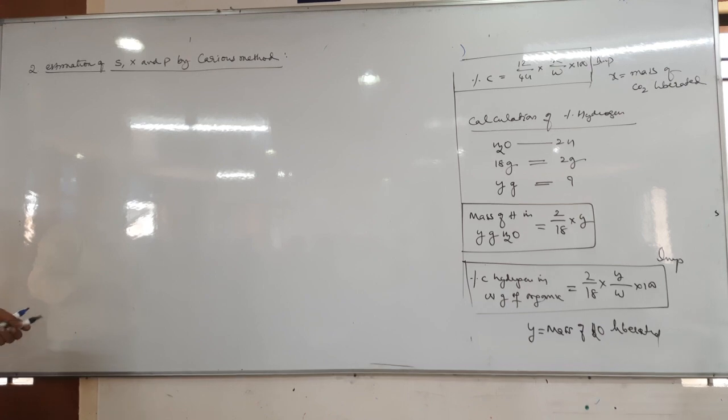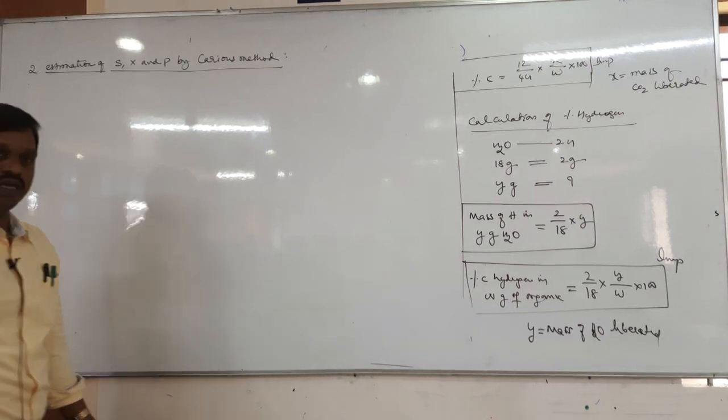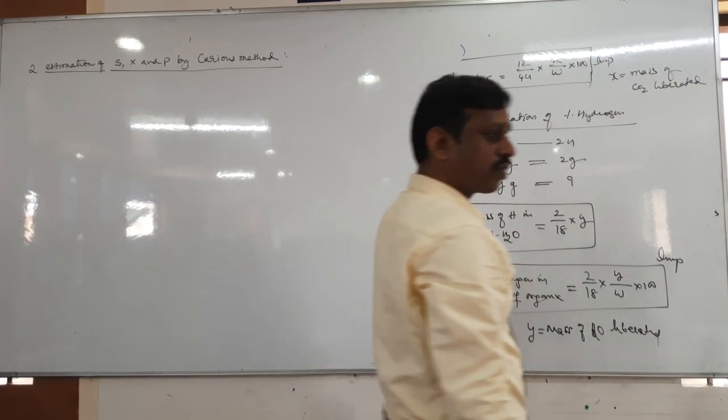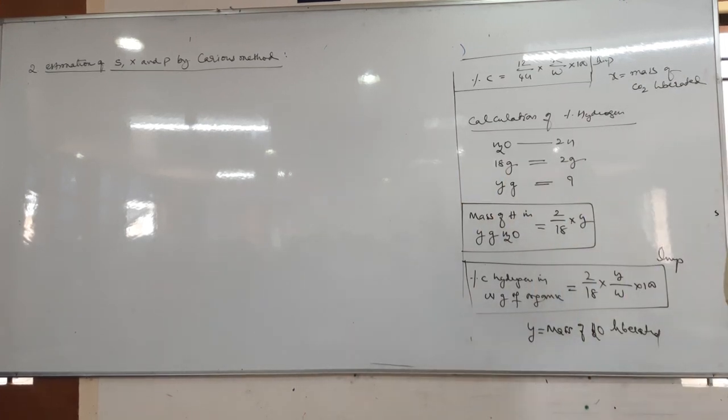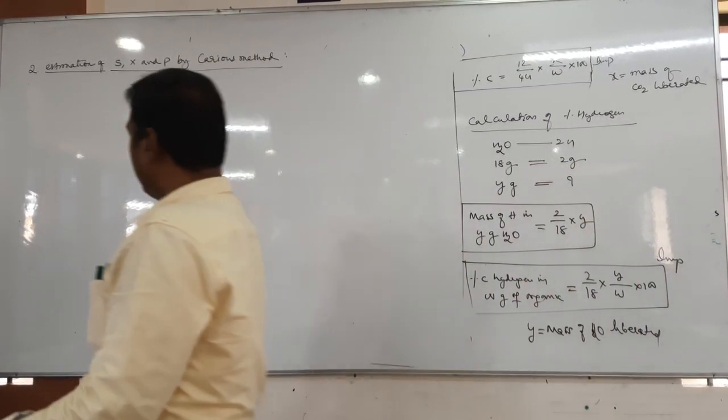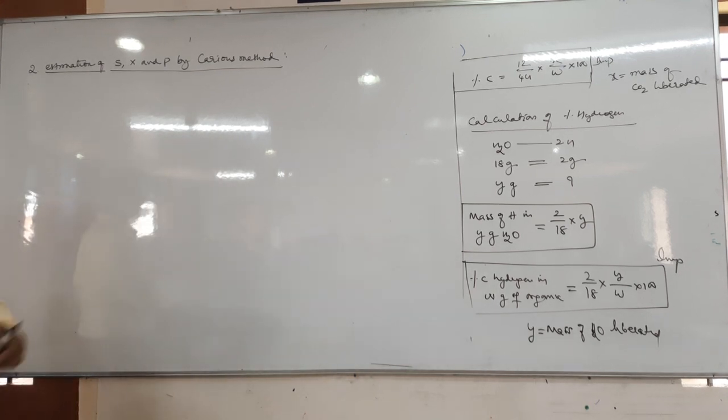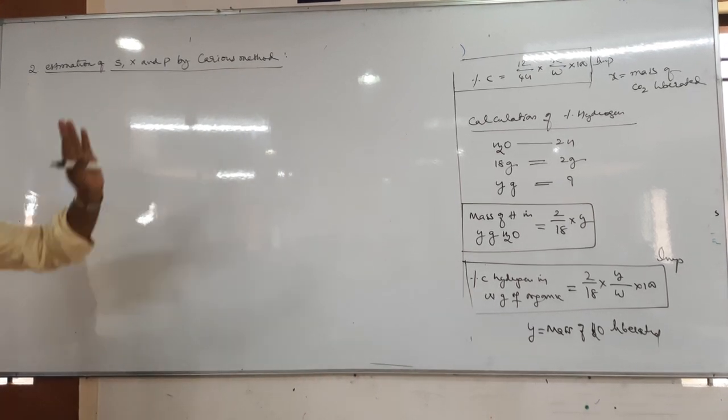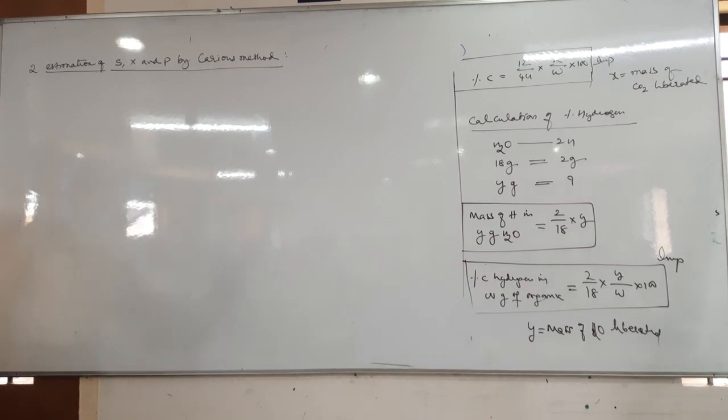So estimation of sulfur, halogen and phosphorus is by the Carius method. Let us see first sulfur. All three methods have a similarity.